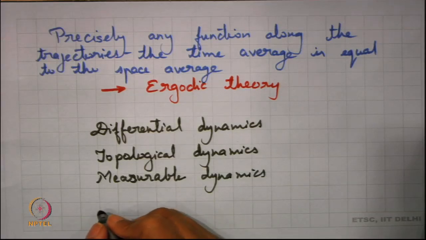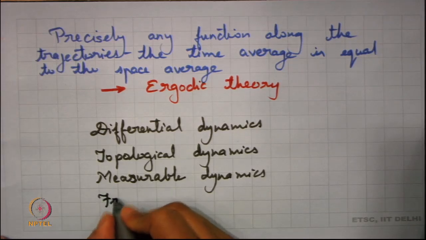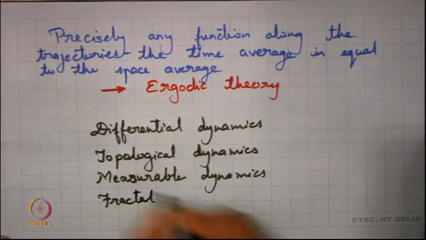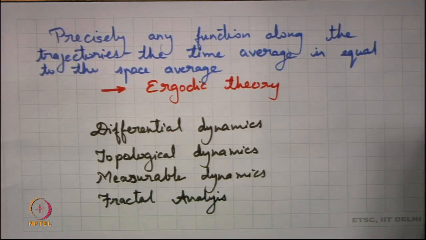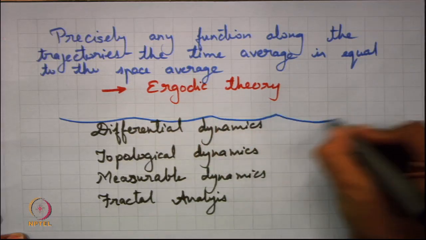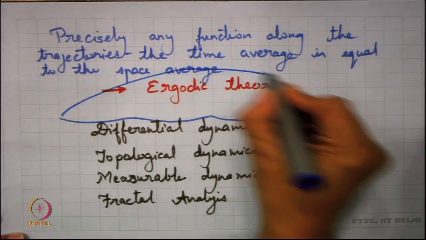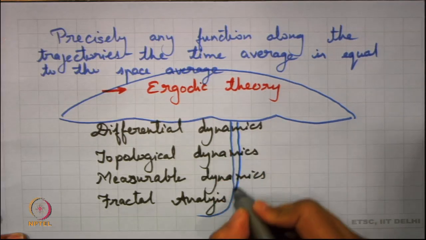And when one is looking into what the objects generated are, basically one is looking into fractal analysis. And all these topics come under the whole umbrella of ergodic theory.